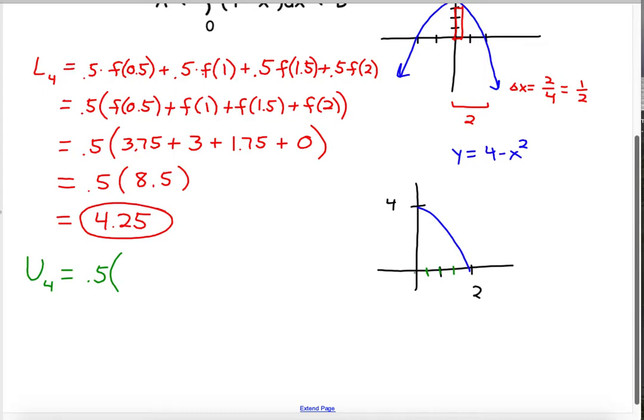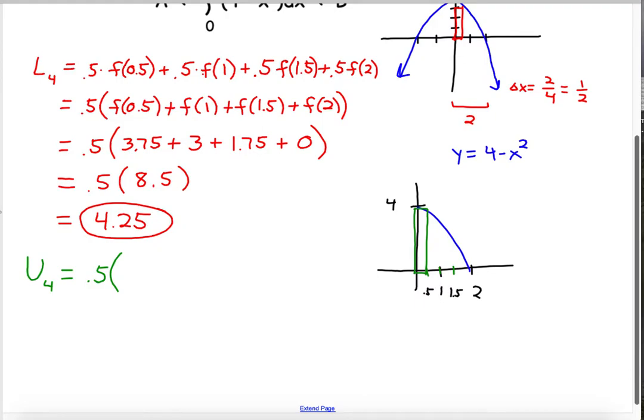So my first rectangle goes from 0 to 0.5. I'm going to want to choose 0 to evaluate the height of my rectangle, and that'll over-approximate. This is 0.5, this is 1, this is 1.5.